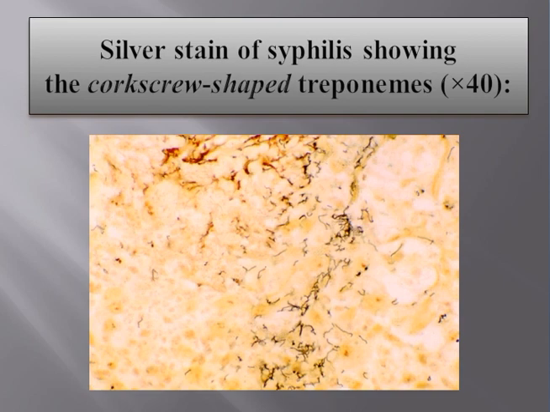Silver stain of syphilis showing the corkscrew-shaped treponemas. And these dark lines, these are Treponema pallidum, which are the main or the only cause of syphilis. The best way to identify Treponema pallidum from primary or secondary lesions is dark field illumination, which shows the typical motile spirochetes, and direct immunofluorescence, a method that uses a fluorescein-labeled anti-treponemal serum.